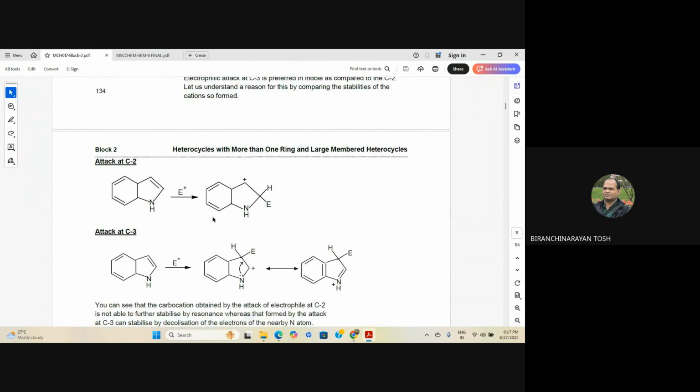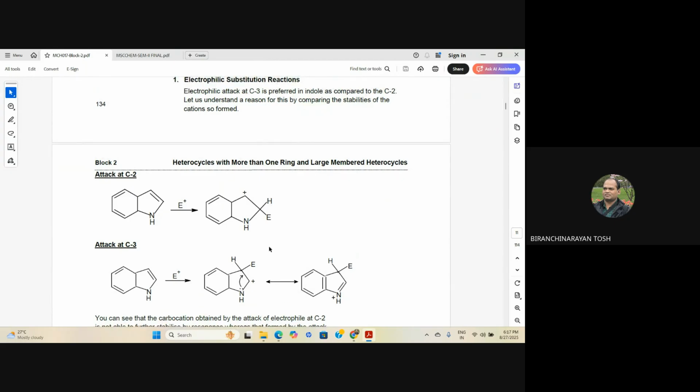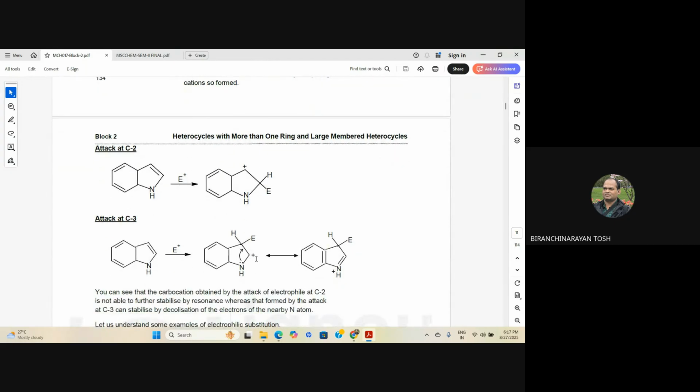You can see the stability of the carbocation if we check here. When the electrophile attacks, two things are possible: either the carbocation will form at C3 or it will form at C2. When it forms at C3, the nitrogen takes part; the lone pair takes part in the bond formation.